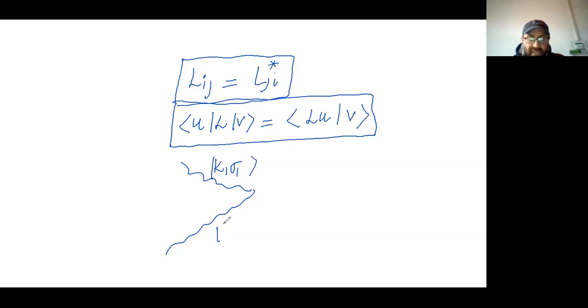And then we have a particle with k2 and sigma 2. In that state they come together, and then they get annihilated into a photon. Hermiticity makes sure that whatever energy was here, whatever you get here, you get a particle in the state k and sigma.